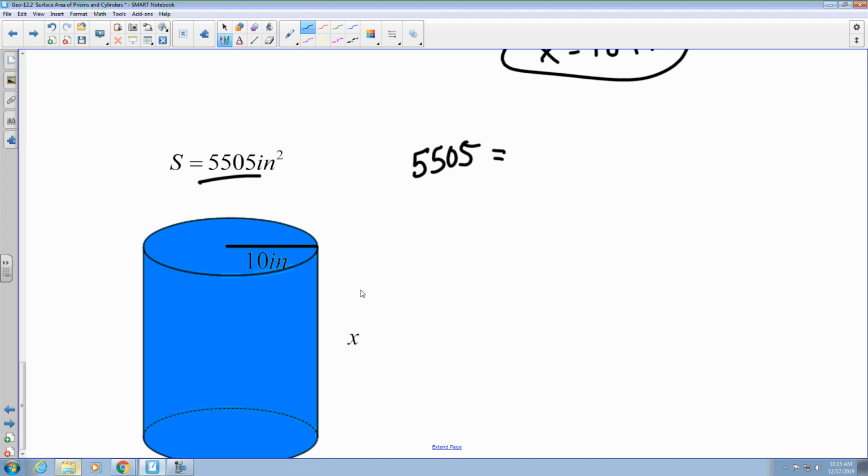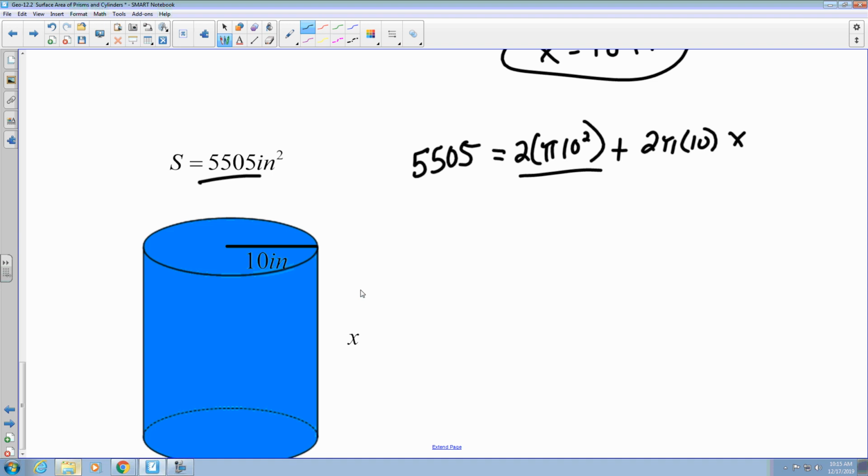It's going to be equal to 2 times the area, which is pi, in this case 10 squared, plus 2 pi r, which is 2 pi 10, and then times h, which is x.